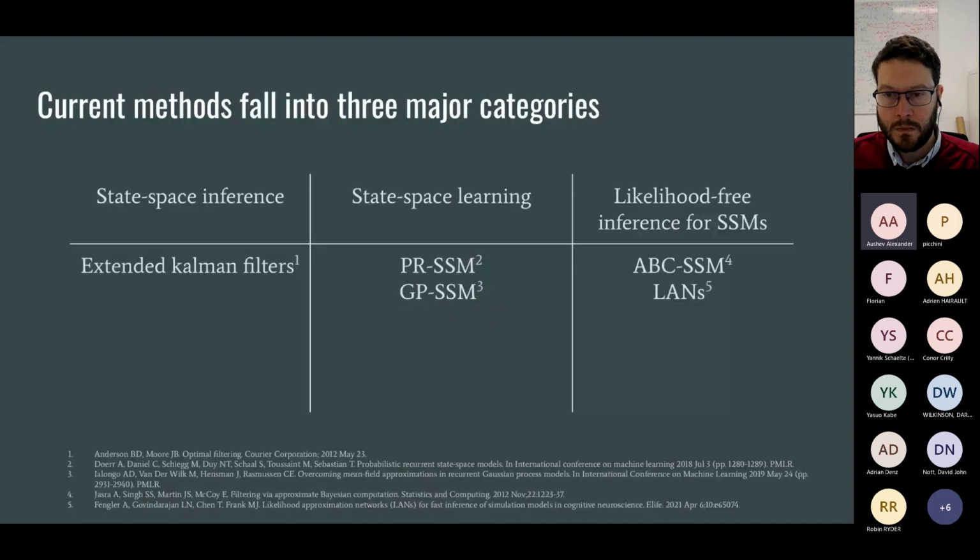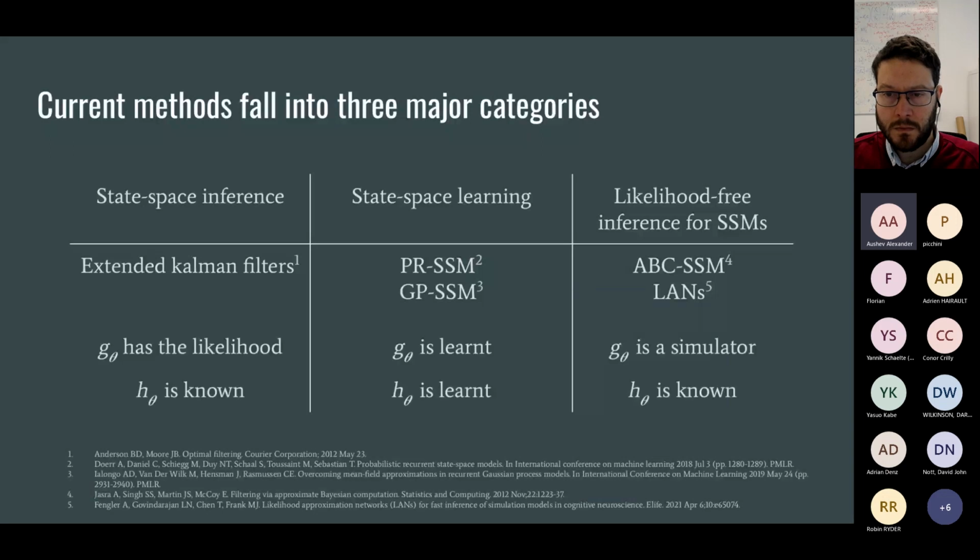The current methods fall into three major categories: state space inference, state space learning, and likelihood free inference methods for state space models. The difference between them is how they treat the observation model.